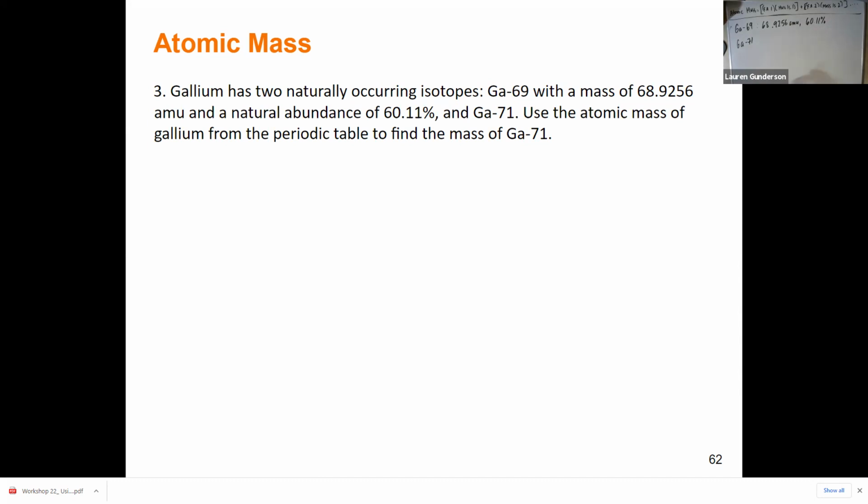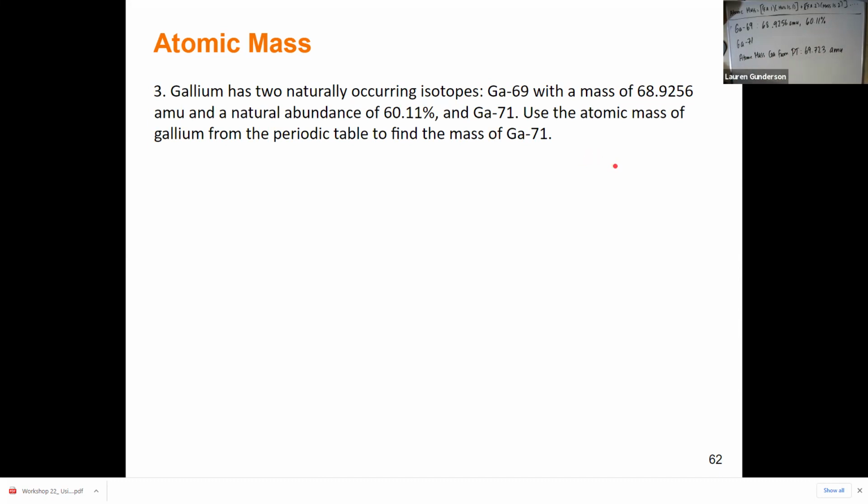And they want us to use the atomic mass of gallium from the periodic table, which if we look gallium up on the periodic table, it's 69.723 AMU.